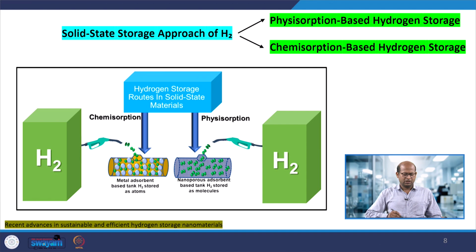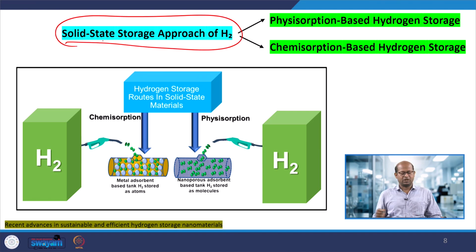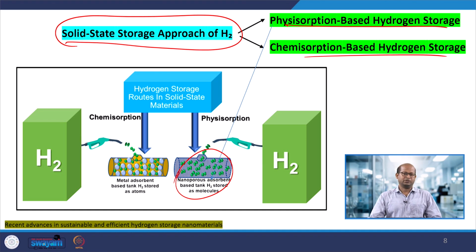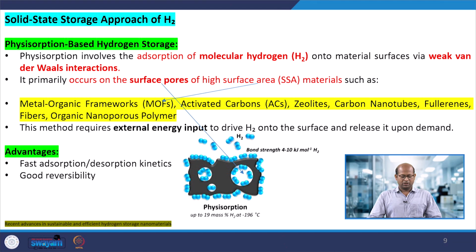I said that for solid phase hydrogen storage, we will discuss the physical options based and chemical options based approaches. In physical options, we can use nanoporous adsorbent materials, where hydrogen molecules get adsorbed over the surface or pores present in the material. In chemical options, different types of adsorbent materials are available, such as metal adsorbents, where hydrogen is stored by formation of strong bonds. In the two cases, we will discuss one or two examples.